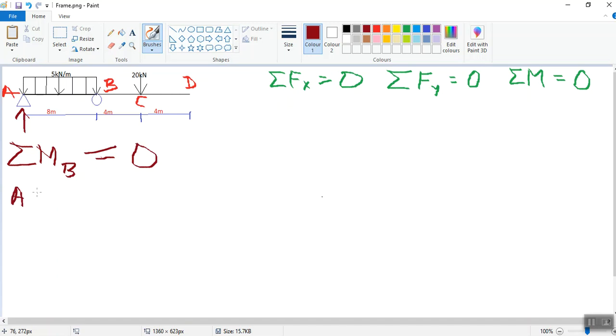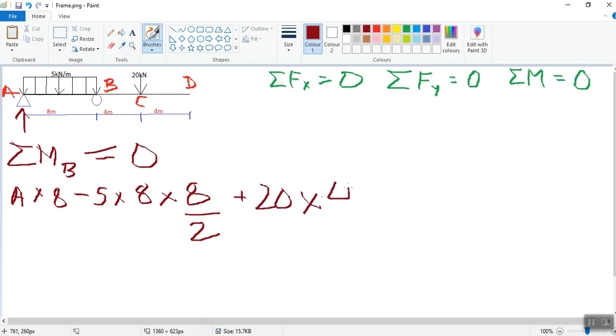Now A times 8 meter, distance 8, 5 kN per meter load acting in downward direction minus 5 into uniformly distributed in 8 meter, so 5 times 8, and the center of gravity of UDL is rectangular shape, so 8 by 2 from support B. Since support A reaction gives us a clockwise moment and 5 kN per meter gives us anti-clockwise moment, the symbol is negative, and for 20 kN load the moment it gives is clockwise, so plus 20 into distance from B 4 meter, 4 equals 0, which gives us A is equal to 10 kN.